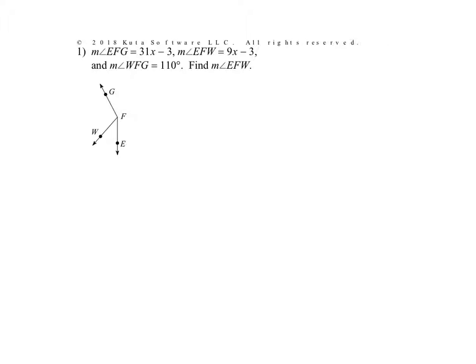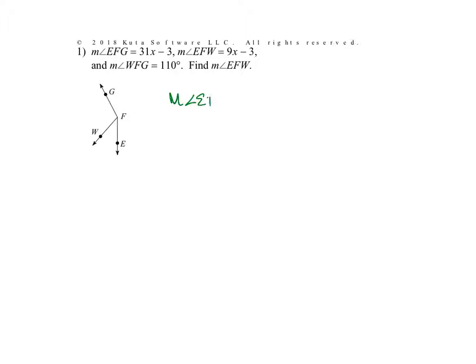Okay, so now we want to find angle EFW. For that, we use the angle addition postulate. I'm going to identify my information. EFG, the big angle, equals 31x minus 3. Let me go step by step.